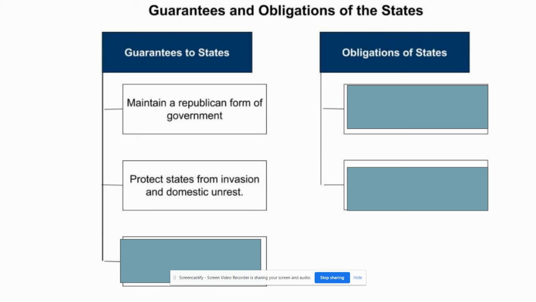So if there would be an invasion from maybe a foreign country, or one state would go into rebellion, much like what we had during the Civil War, the federal government's there to protect us. And respect of the territorial integrity of each state. So the boundaries that we have, the federal government is going to respect that.